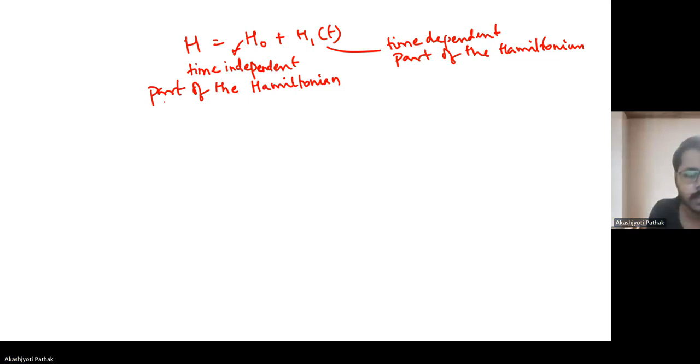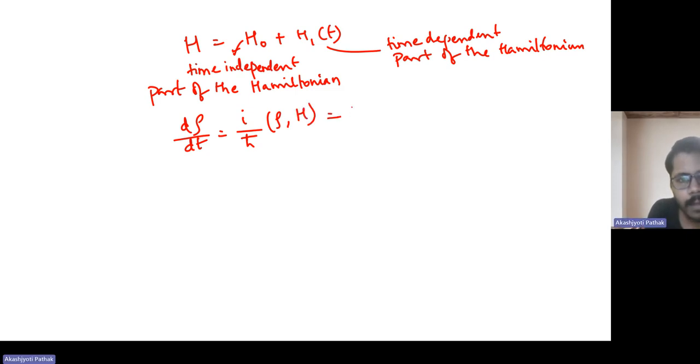Now, based on the Liouville equation, you will get this, where H cross is equal to h by 2 pi, and H is equal to H naught plus H1 of t.